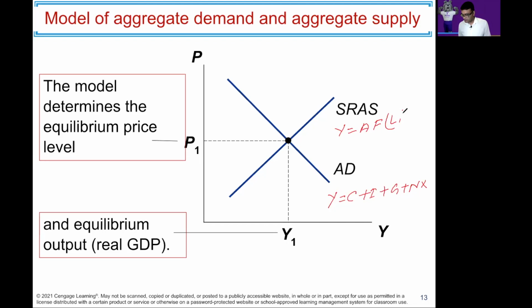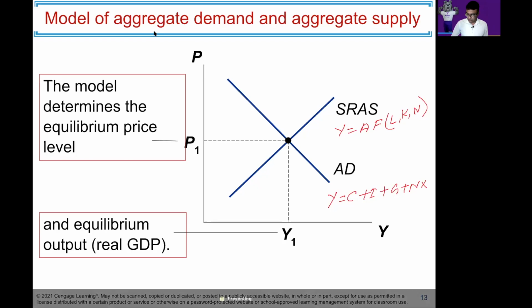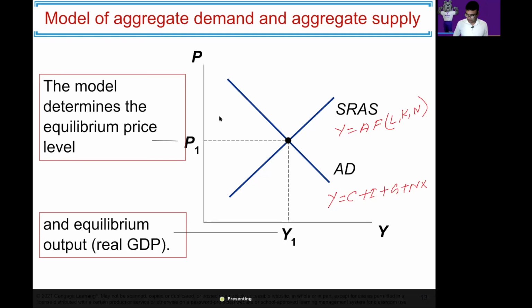There are some other variables we should include here, but for the time being, just use this production function. So supply curve with production function, whereas demand curve with Y equals C plus I plus G plus NX. Use this. Okay, and we'll go through all these things in detail.